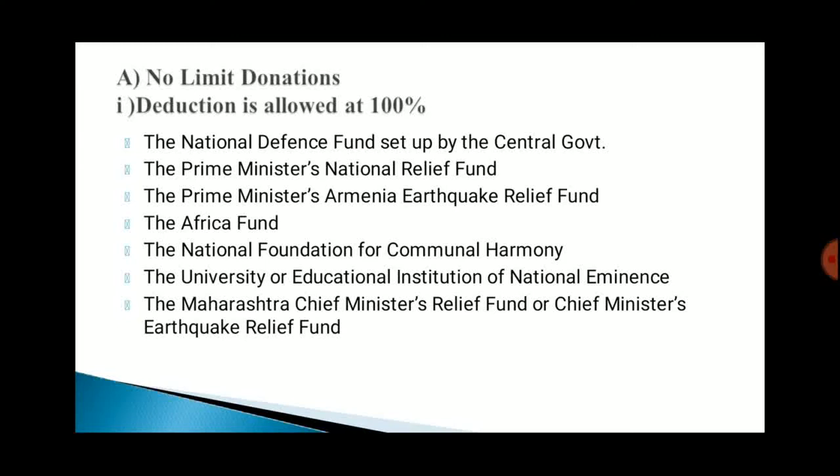So deduction is allowed at 100% for the following contributions: the National Defence Fund set up by the central government, the Prime Minister's National Relief Fund, the Prime Minister's Armenia Earthquake Relief Fund, the Africa Fund, the National Foundation for Communal Harmony, the University or Educational Institution of National Eminence, the Maharashtra Chief Minister's Relief Fund or Chief Minister's Earthquake Relief Fund.